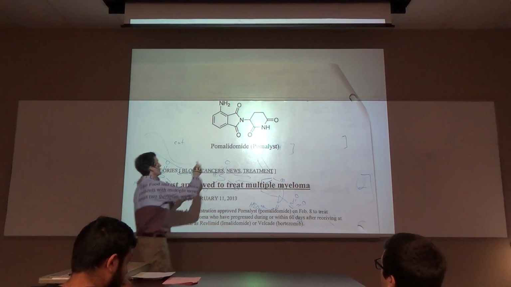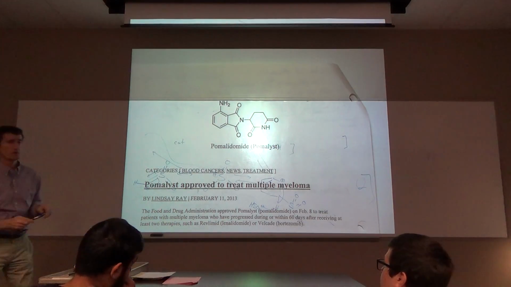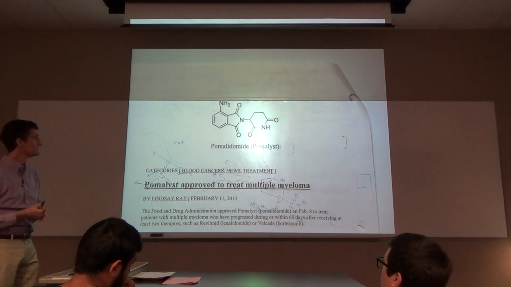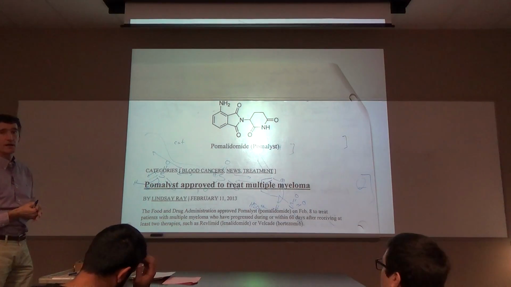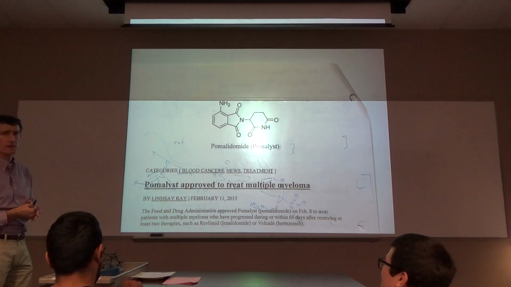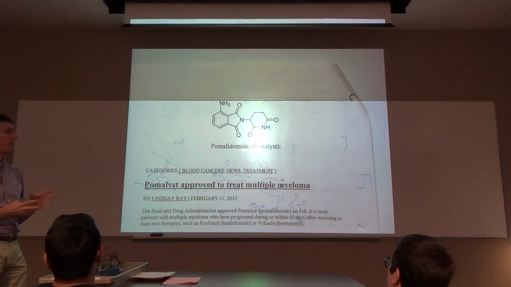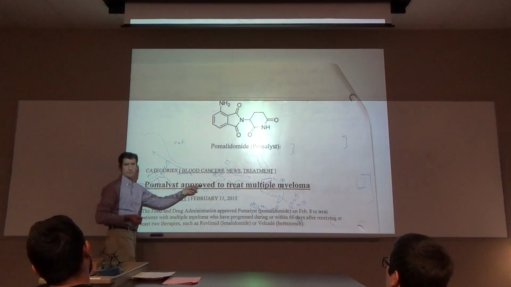By the way, if there's no amino group there, anybody know the name of the compound? Thalidomide. Yes. It's thalidomide, which caused birth defects back in the 1960s. Well, they put an amino group on thalidomide, and now the new structure is used to treat some types of cancers.